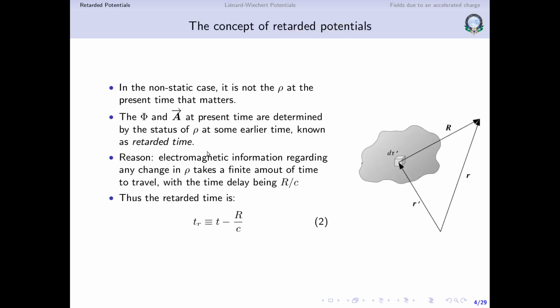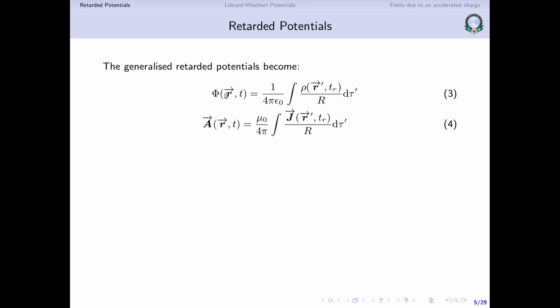So we need to find the Laplacian of phi from these redefinitions of phi and A. How do you find the Laplacian? I have a scalar field. The Laplacian is basically defined as the divergence of the gradient of a scalar field. So first we have to take the gradient of this potential phi, and then we have to take the divergence of that gradient of phi. That is going to give us the Laplacian.